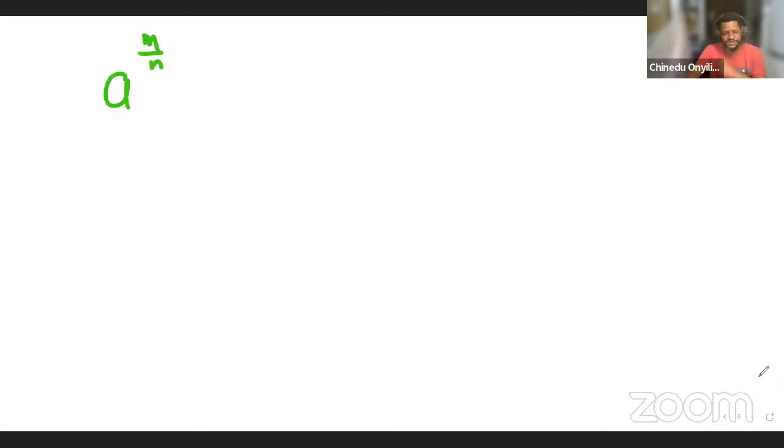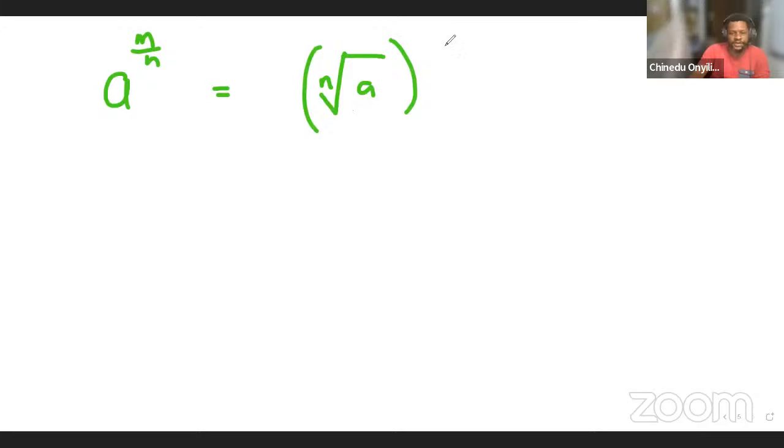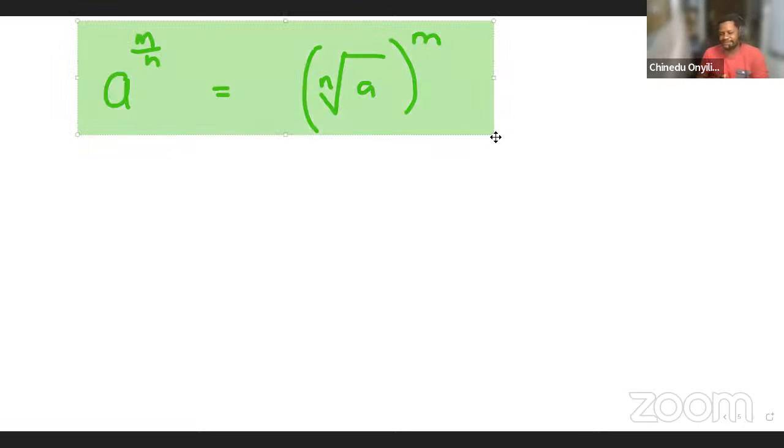It doesn't look so clear to me. a to the power m over n is the same thing as the nth root of a, and hold this in a bracket to the power of m. That is what we call fractional indices.